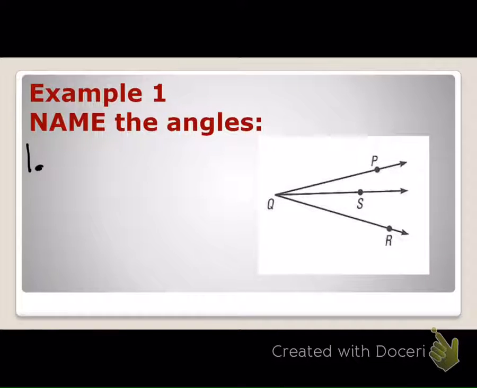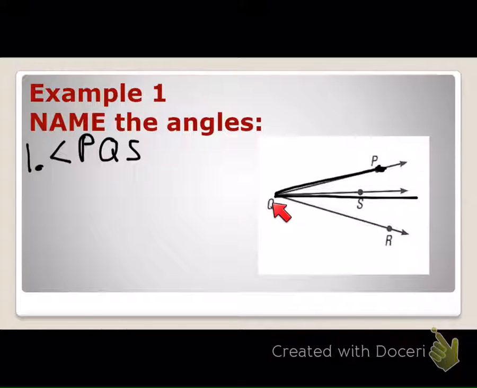So let's do number 1. Alright, how do we name an angle? We start at one point and work our way to the vertex and back up. So what's our first angle? PQS. The vertex goes in the middle. So PQS. What's another way to name that angle?